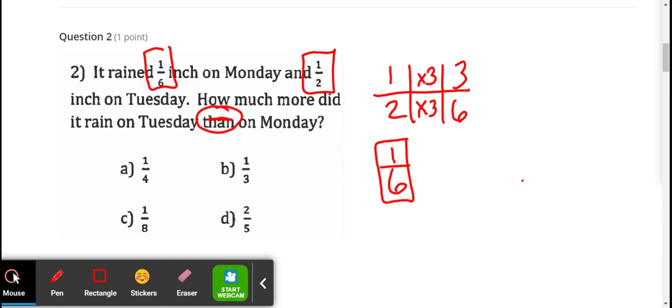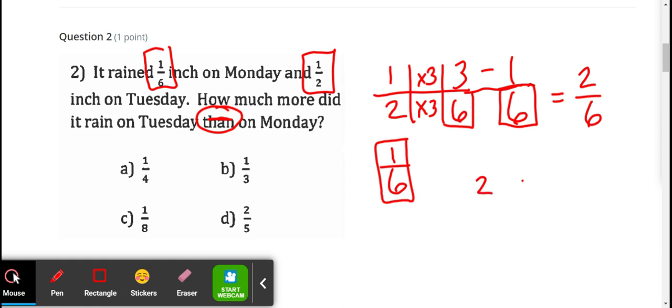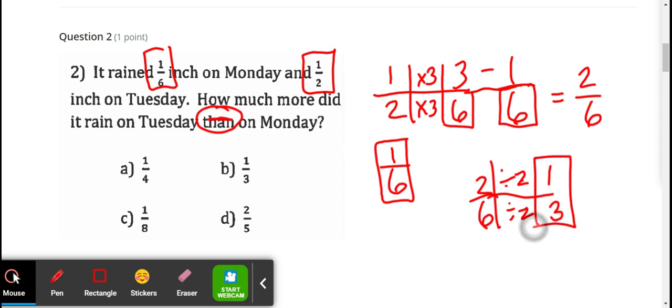So we're looking for the difference between 3/6 and 1/6, which is going to give us 2/6. Looking at your answers down below, it looks like we need to simplify. 2/6 divided by 2 divided by 2 is going to give us 1/3.